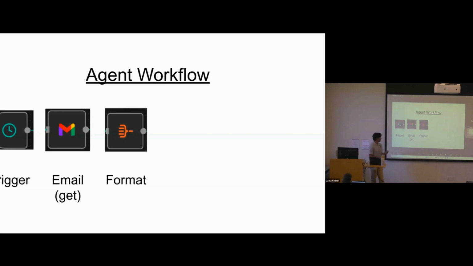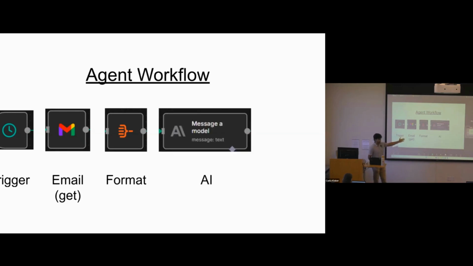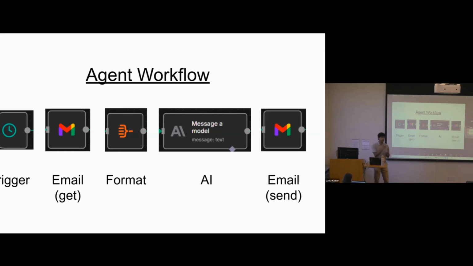This third little tool just formats all of the emails you want and then throws it into one prompt that the AI can then read. Then we're going to have AI read through that prompt. And once the AI, given the prompt that we give it, determines what to do with it, it's going to send an email back to you and give you an email digest. So go ahead and start building.